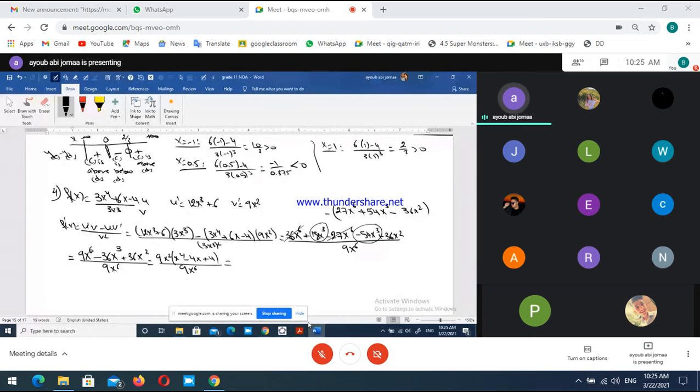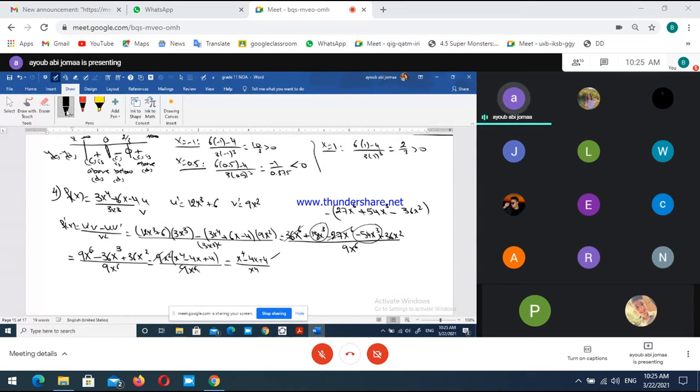Simplify 9 by 9, x squared by x power 6 to get x power 4. So the answer will be x power 4 minus 4x plus 4 over x to the power 4.